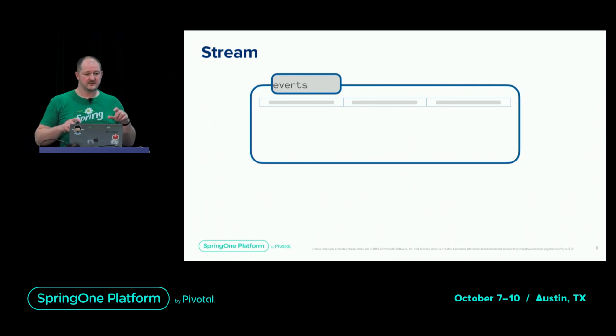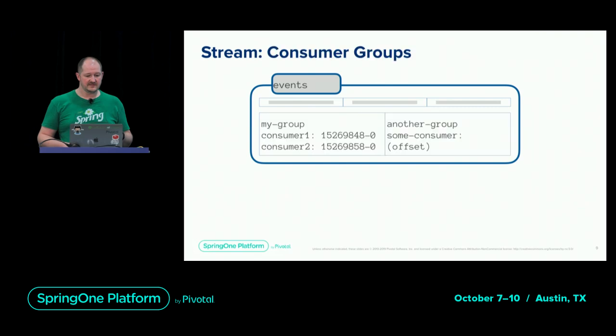So besides this hull of events and messages within a stream, there is something which is called a consumer group, or multiple of these. And what consumer groups basically do is they reflect the reading state on the server side.